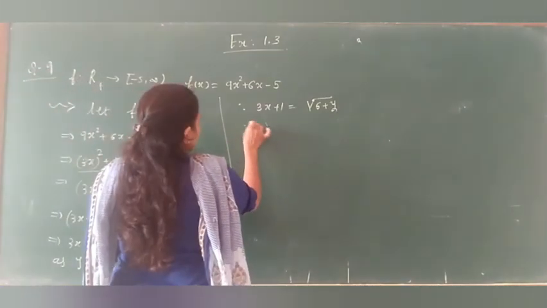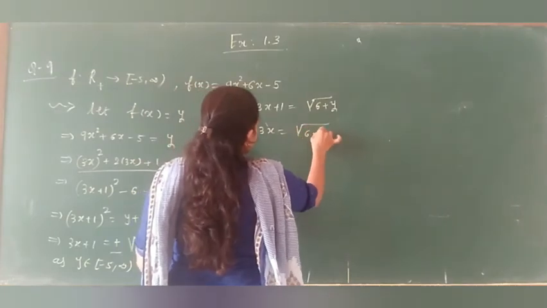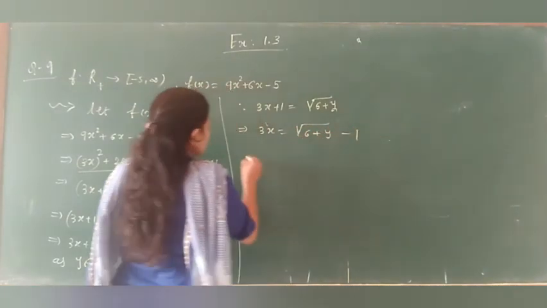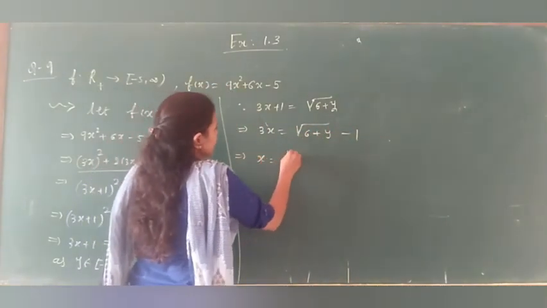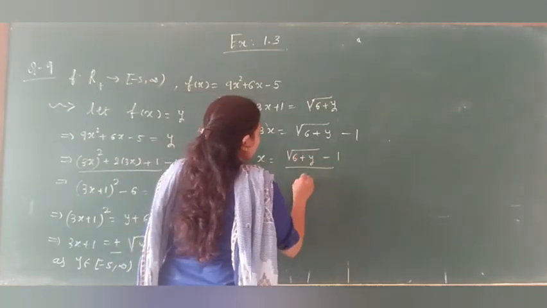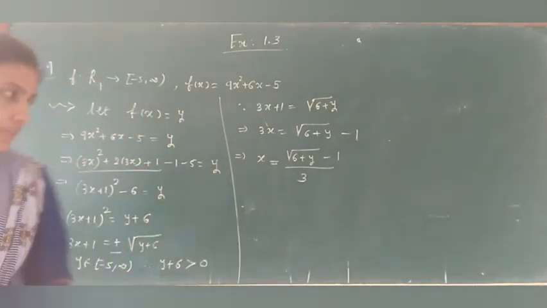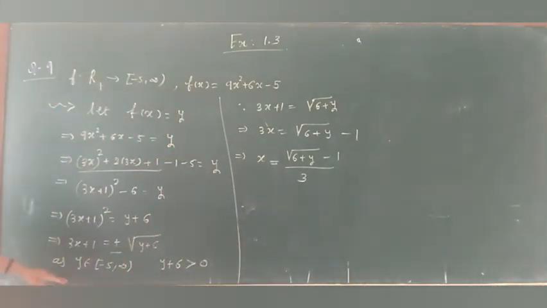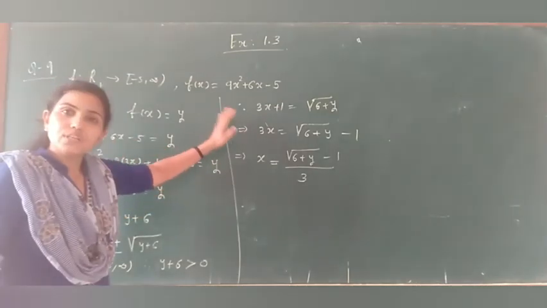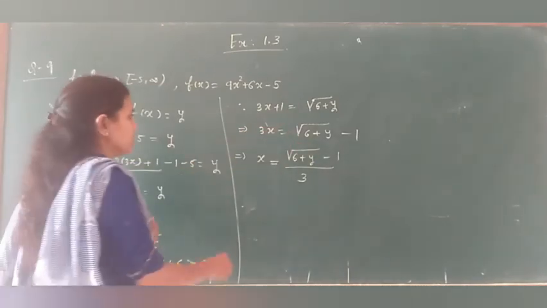So therefore 3x is equal to under root 6 plus y minus 1, and hence x is equal to under root 6 plus y minus 1 upon 3. So using the completing square method, we have found x as under root 6 plus y minus 1 by 3. So using this method, we have converted our x in terms of y.